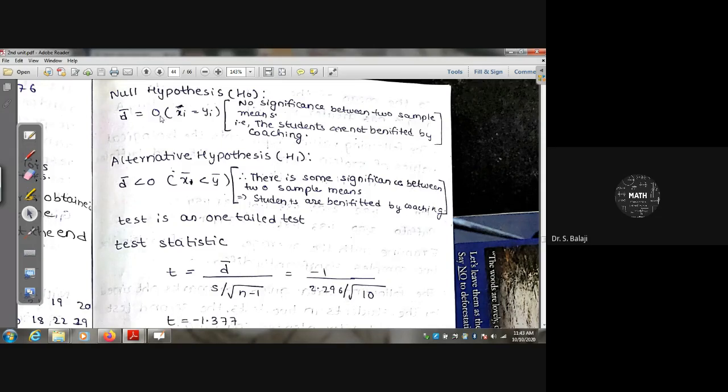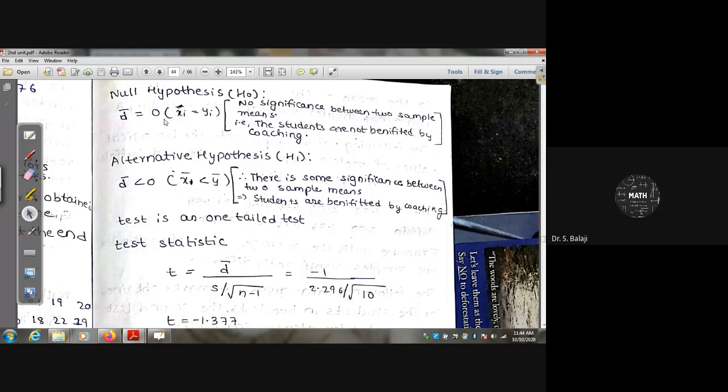So instead of writing x bar equal to y bar, you write D bar equal to 0. Only then can you say that they are equal.